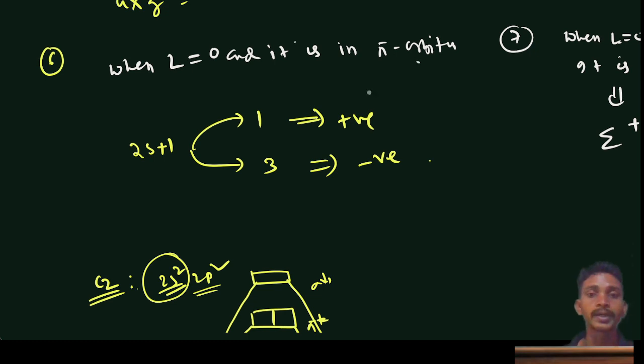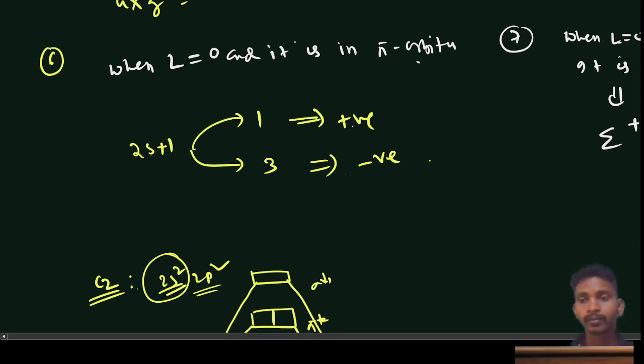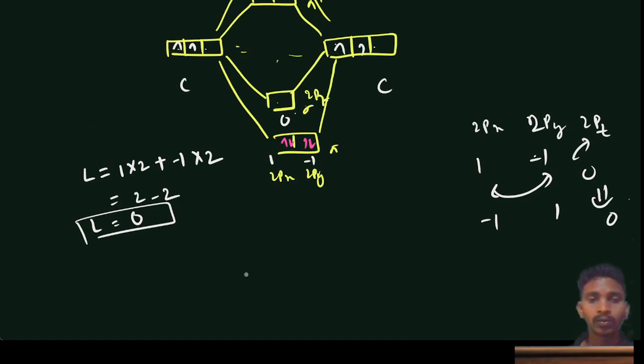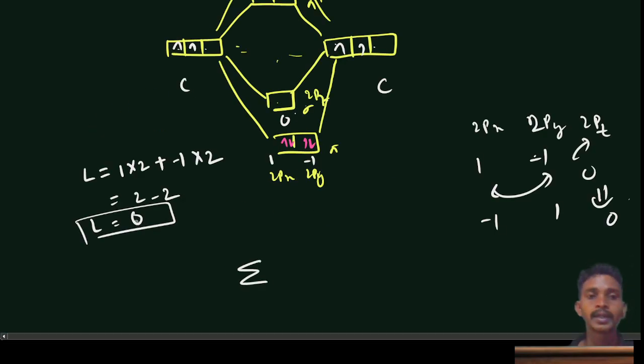But if it is pi orbitals, in that case we will look at whether it is positive or negative.